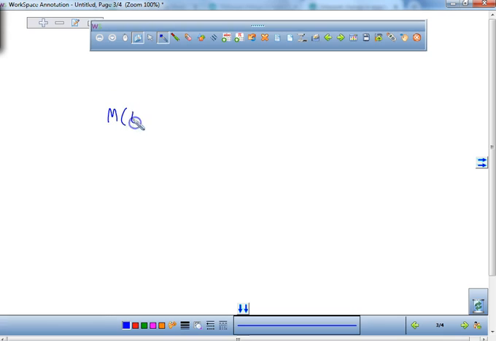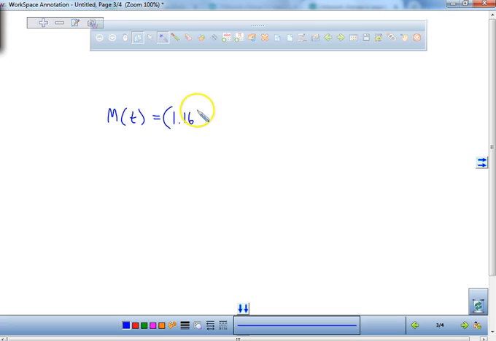M of t equals 1.16 in parentheses 4t plus 3. And yours is asking for a percent. Okay, yours is dealing with a percent. It's going to be a percent adding.